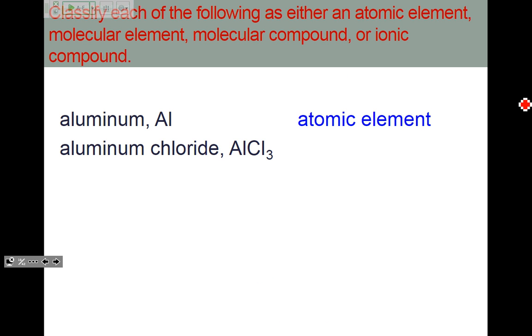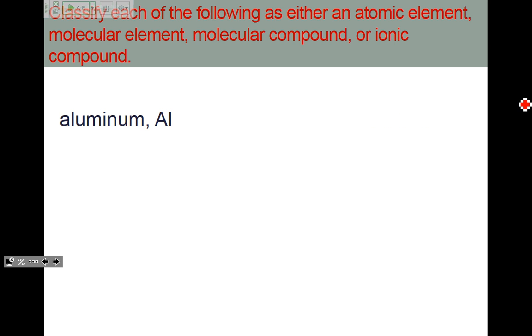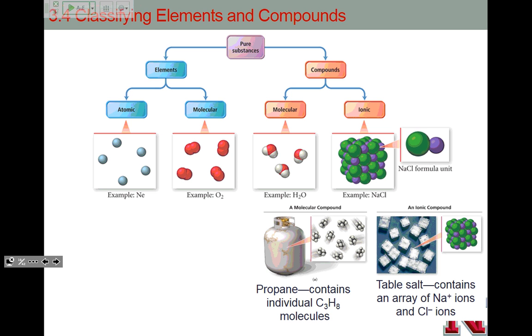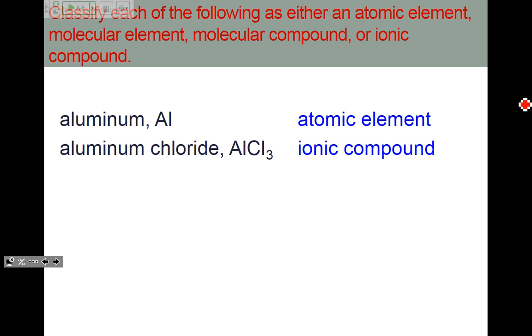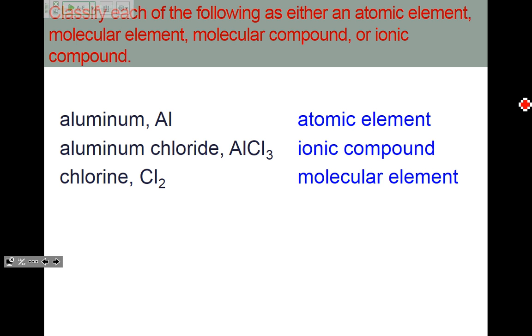So just before we leave today, aluminum, we would classify that as an atomic element. Aluminum chloride, however, is an ionic compound because we have a metal and a nonmetal bonded together. And we will talk about the charge and things like that next time. Cl2, now that's only one atom. It's two chlorines, but it's only one type of element, so that is a molecular element.